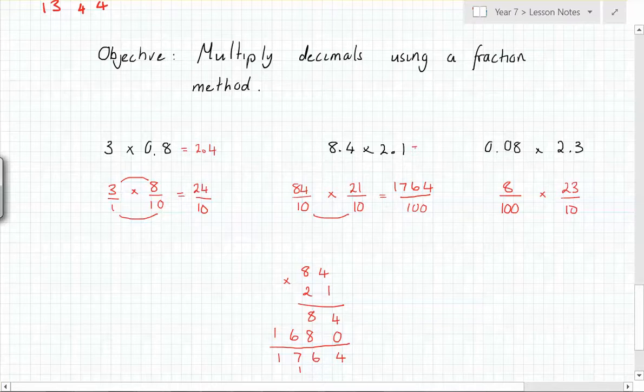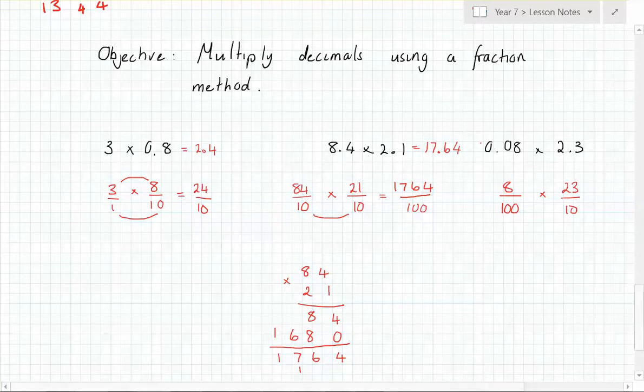Now the answer to this though is what? 17.64. Why? Not 64. Why, Thomas? Matthias, would you like to explain why?